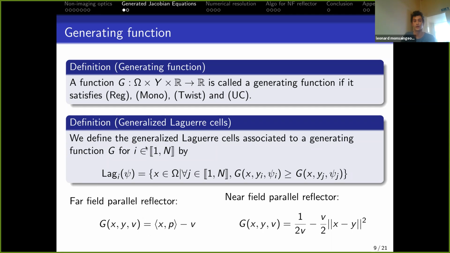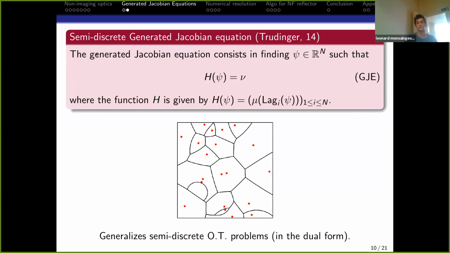And once we have our generating function and our generalized Laguerre cell, the semi-discrete generated Jacobian equation consists in finding my dual variable psi, such that the mass function defined by the mass of each Laguerre cell corresponds to the target measure. So the mass of each cell here must correspond to the mass associated to the point I'm targeting here. So this is a generalization of optimal transport in a dual form.